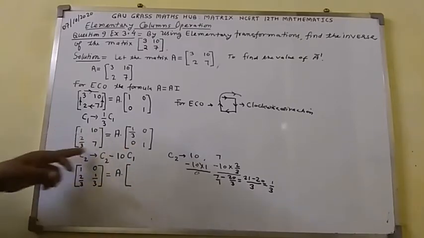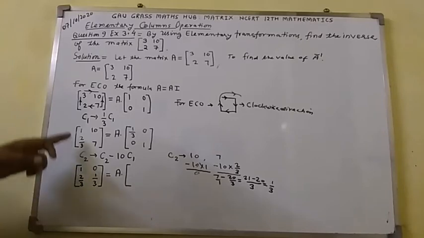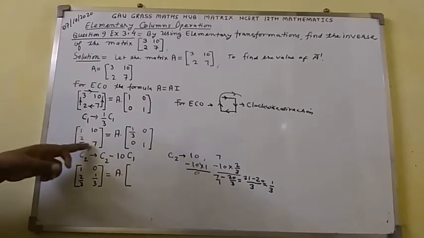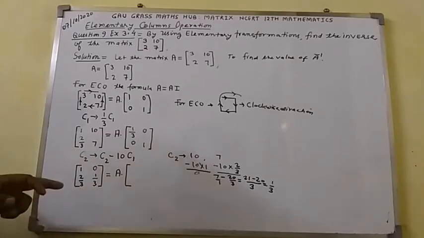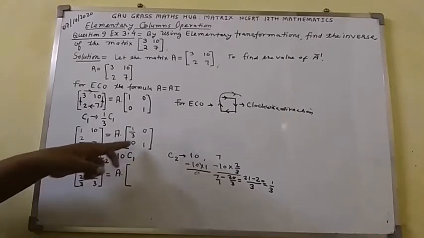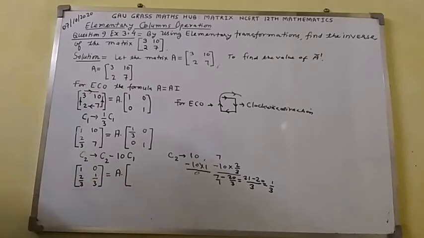So in this matrix I have applied this property, so I have got this one. By applying this property from this matrix I have got this matrix. Again by applying this property from this matrix I shall get this matrix. What are the elements of this matrix, let us see.